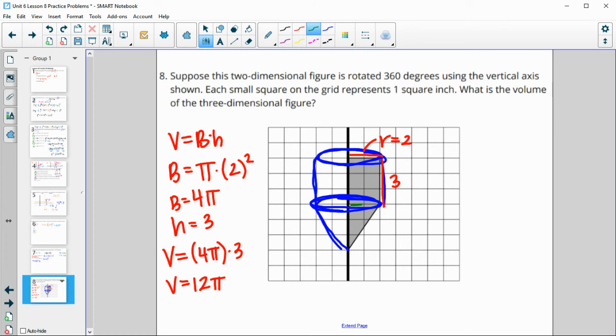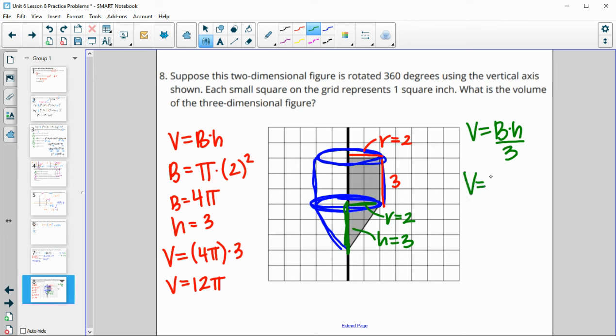Then we can find the volume of this bottom part, so of the cone. So remember, this radius is still 2. And now we can look at the height here is also 3. So it's a cone with the same base and the same height. So it's just going to be a third of this, because remember, volume is equal to area of the base times the height divided by 3.